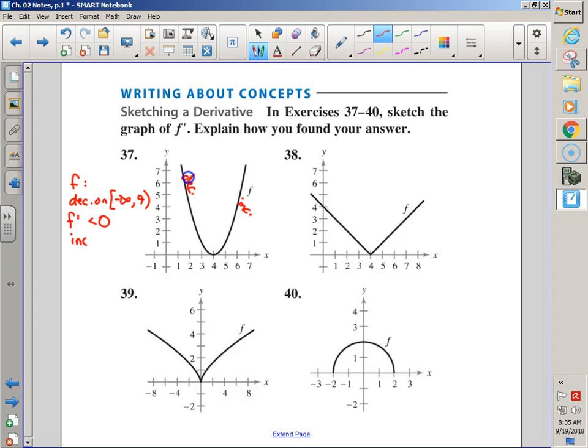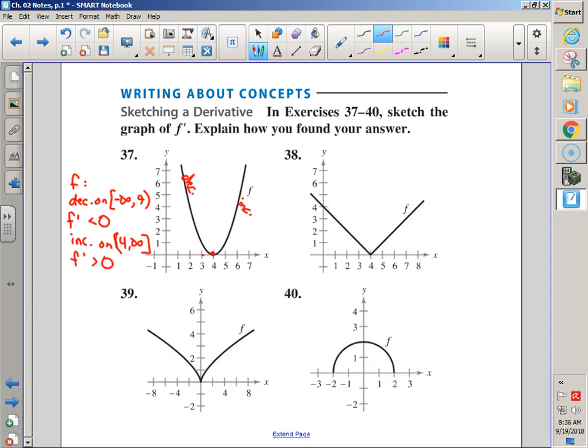Wherever F is increasing, which would be on 4 to infinity, guess what F prime is going to be? Positive. And then what do you guys know about the slope of the tangent line at 4? If you're doing little baby tangents, skimming the graph, what kind of tangent line will be at 4 before you start going uphill?